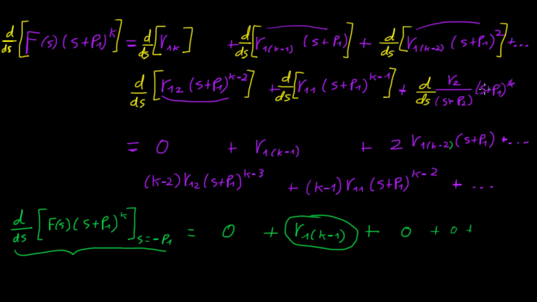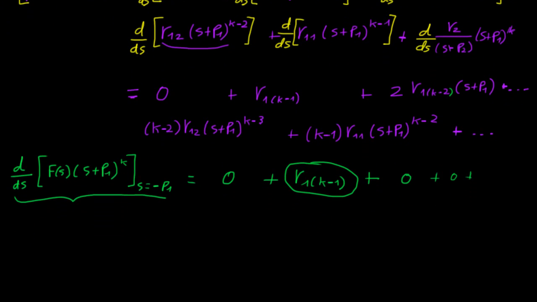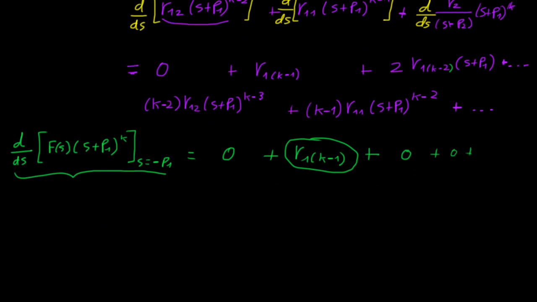The next step is obviously taking a new derivative of the function. So here we would have the second derivative with respect to s twice of f of s times (s + p1)^k.